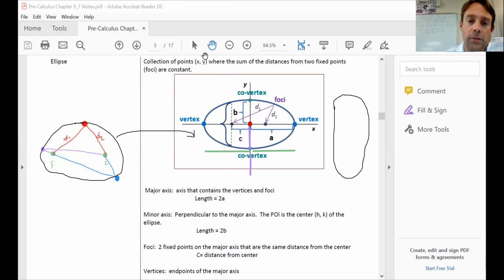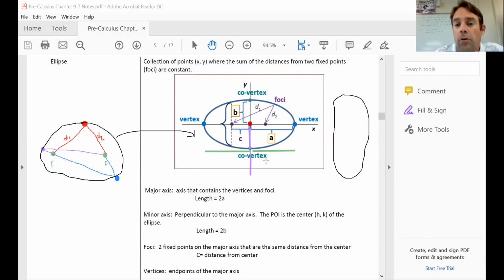Let's see if I can actually draw this a little bit here for you, at least highlight it. This length B, that's the length of that purple distance. So the vertical distance from the center to the top of the ellipse is your B value. The A value is the distance from your center to the horizontal outside.